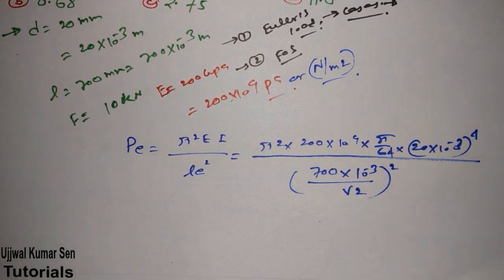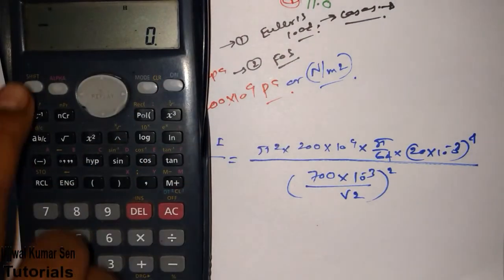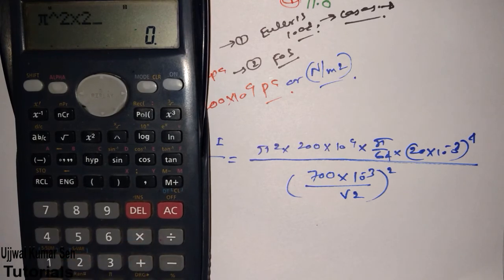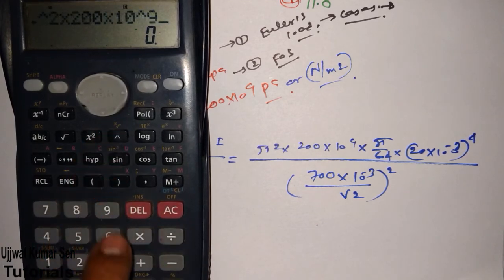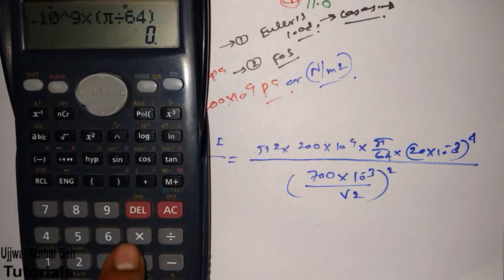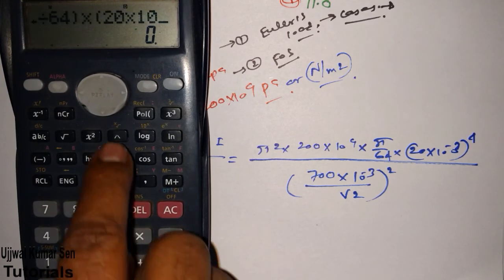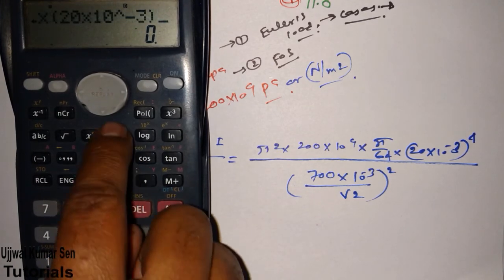Is there any need to solve the numerical problem? No or yes? Yeah, definitely I will solve. So pi square multiplied by 200 multiplied by 10 to the power 9, multiplied by pi divided by 64, multiplied by 20 multiplied by 10 to the power minus 3, whole to the power 4.